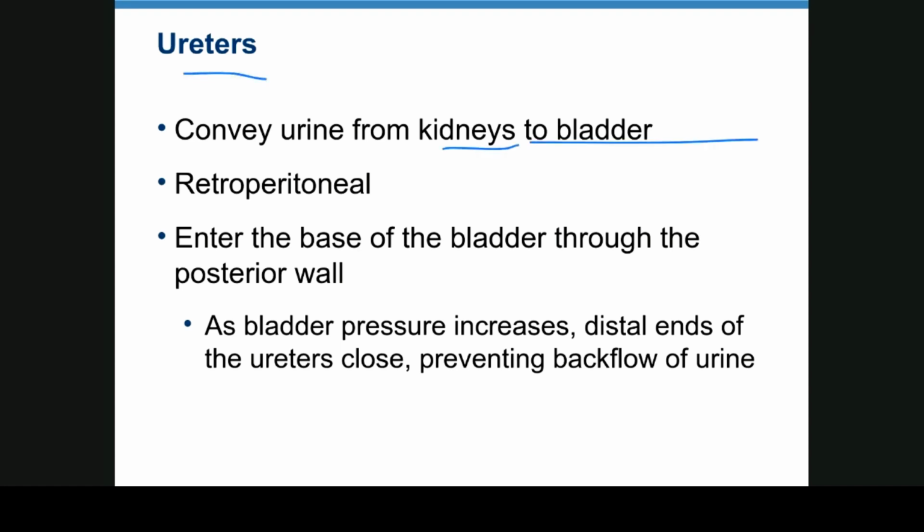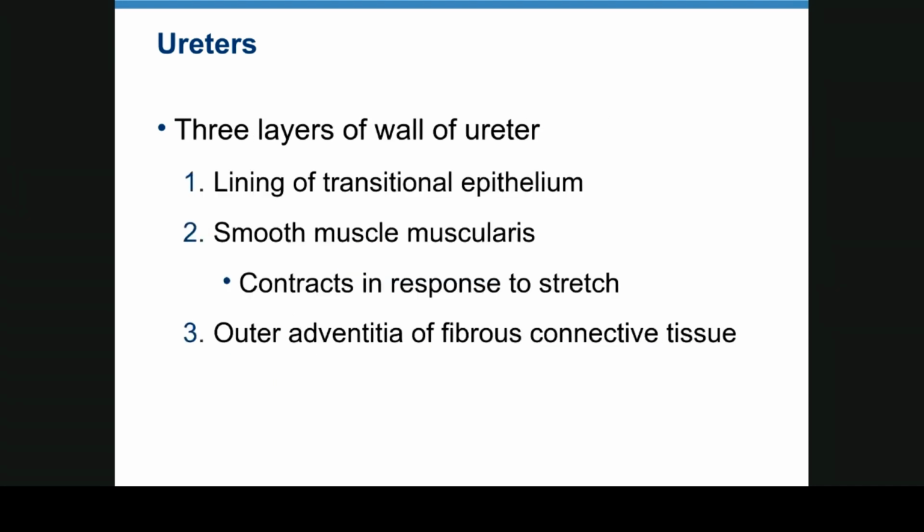Okay, ureters take the urine from the kidneys to the urinary bladder. They are retroperitoneal and they enter the base of the bladder through the posterior wall. As the bladder pressure increases, the distal ends of the ureters close, preventing backflow of urine. The ureters have 3 layers. Transitional epithelium lining.